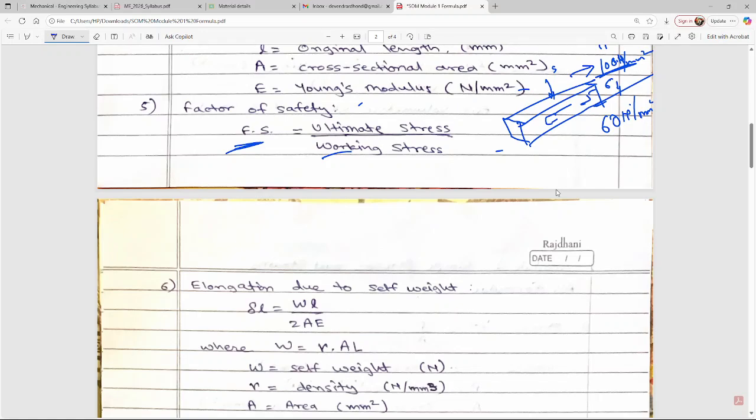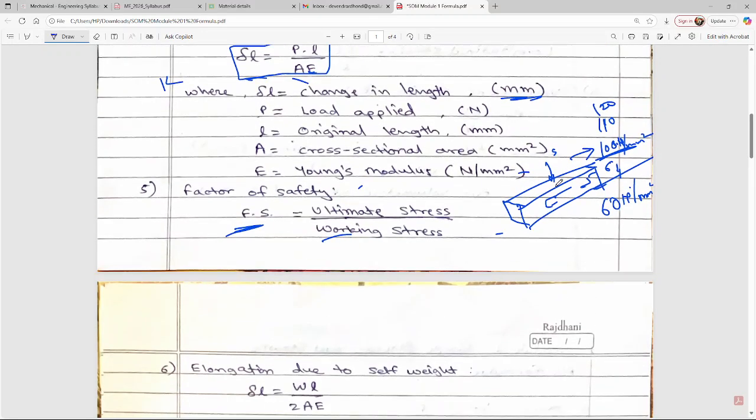Then if we are designing any product with that working stress, and if any uncertainty happens and the load increases by some value for some time, the load increase will cause the stress to also increase.